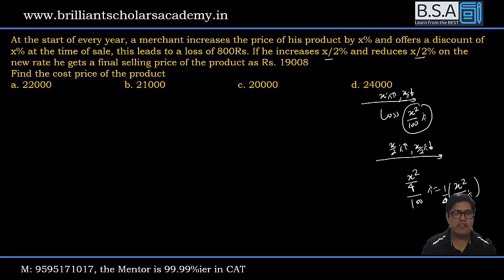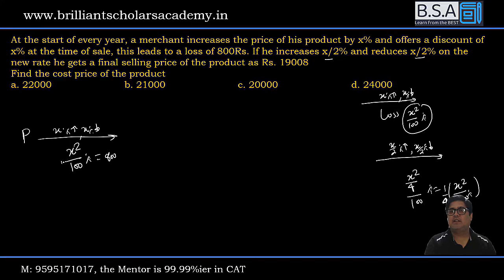So how this question has been framed is, earlier there was a price P, you performed X percentage increase, X percentage decrease. So what you have here is X square upon 100 percentage decline, which is equal to 800 rupees. This percentage of price P is rupees 800.